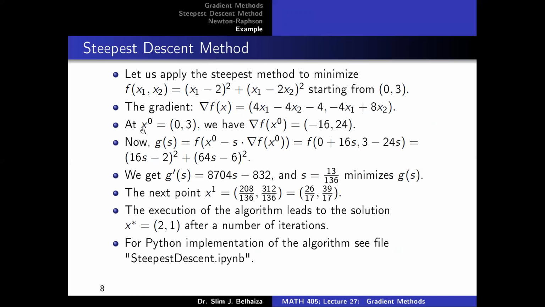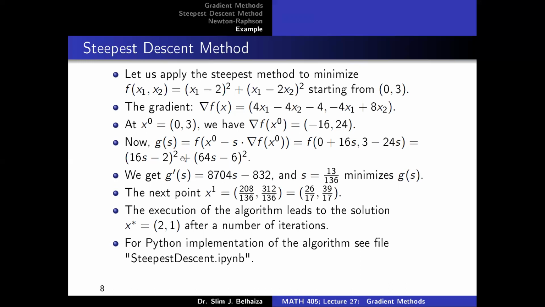So at the starting point x naught, which is 0, 3, we'll have that the gradient is equal to minus 16, 24. And then if we update, the expression of g of s is going to be f of x naught minus s times the gradient, which is f of 0 plus 16s, 3 minus 24s, which writes as 16s minus 2 squared plus 64s minus 6 squared.